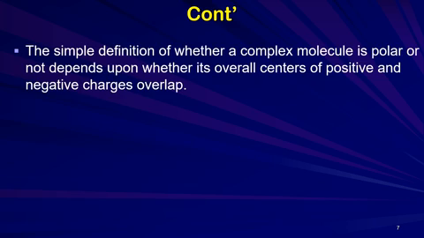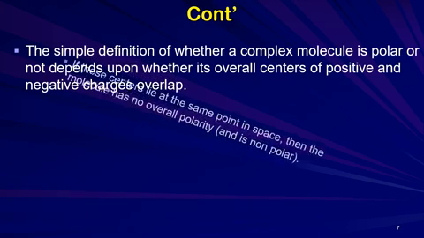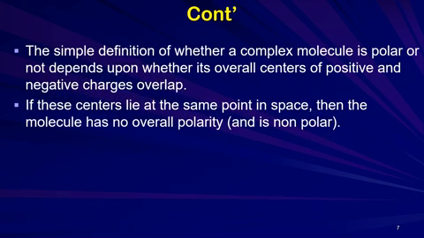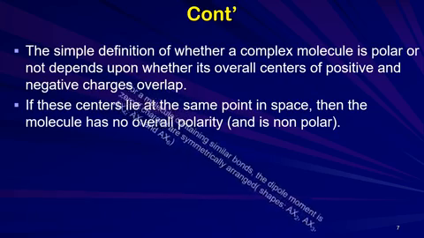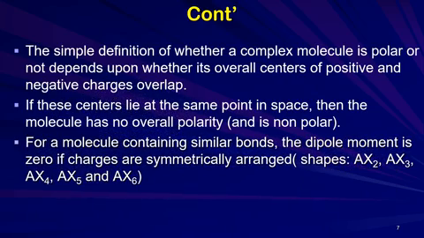But if they are in different positions, separated by a given distance, we will have a net dipole to give us a polar substance. And if the centers lie at the same point in space, then we have a molecule which is non-polar. If they are separated by a distance, we get a polar molecule.